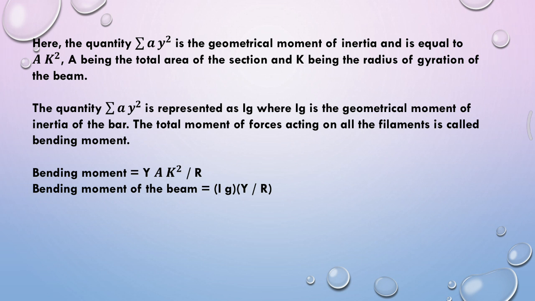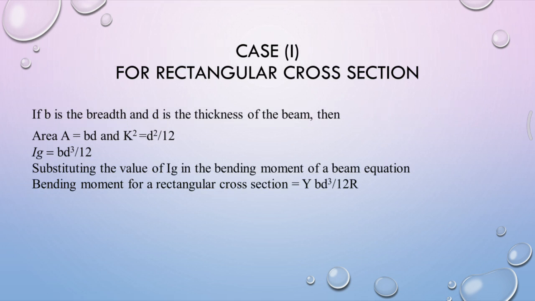It is the distance from the axis of rotation at which the complete mass of the body is assumed to be concentrated, and is a measure of distance. The bending moment of the beam is given by Ig into Y by r, where Ig is equal to A into k square. That is nothing but the geometrical moment of inertia of the bar, given by Ig.